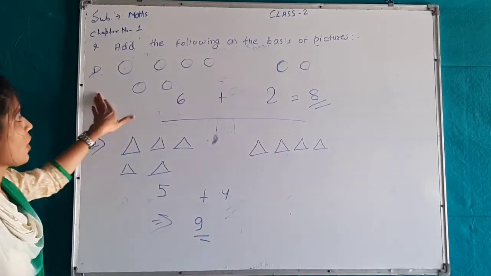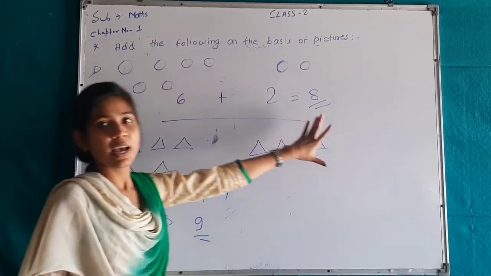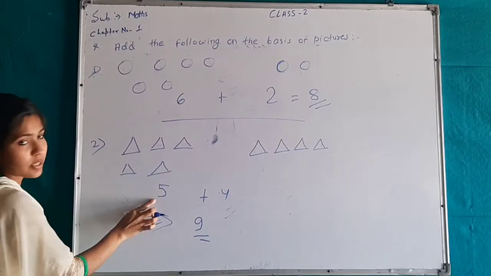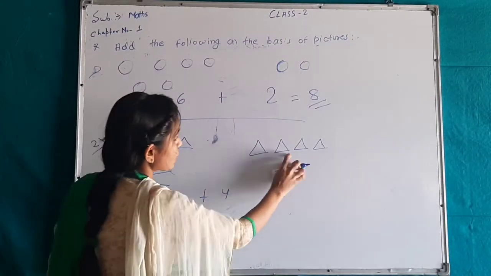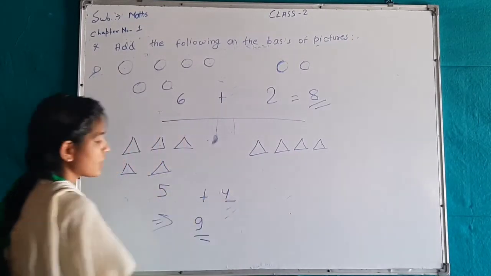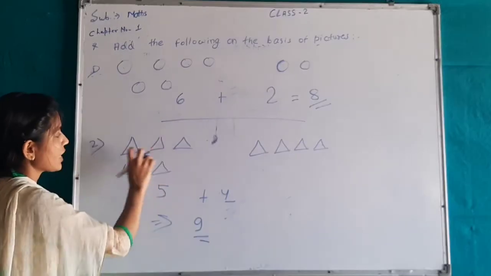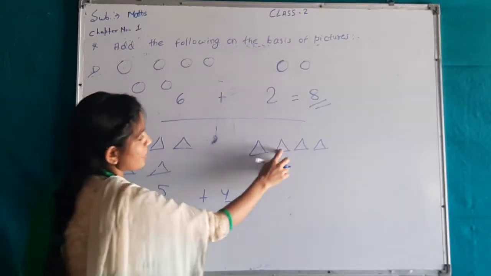अब इस पिक्चर को ऐड भी कर सकते हैं या फिर इसे काउंट करके इसका आंसर भी निकाल सकते हैं. जैसे 1, 2, 3, 4, 5 equal to 5 triangles and here is 1, 2, 3, 4. Here are 4 triangles. इसे ऐड करेंगे या फिर इसे काउंट कर लेंगे: 1, 2, 3, 4, 5, 6, 7, 8, 9.